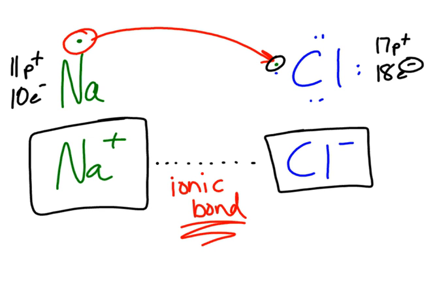Now, what we're going to do in this video, in addition to showing you how this bond forms, is how to predict what these compounds are based on the ions that I've given you. So for example, let's pick two elements from the periodic table. I'm going to pick magnesium and fluorine.